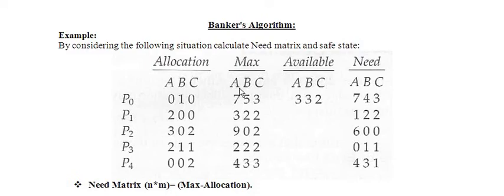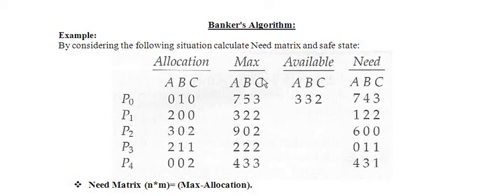Maximum, again, A, B, C are nothing but the 3 resources. So 7, 5, 3 indicates that A has a maximum of 7 instances, B has 5 instances, and C has 3 instances.